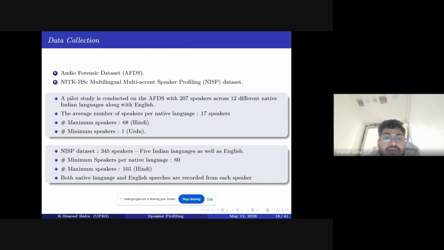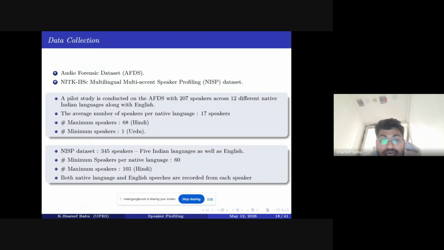Here we targeted different native speakers of 12 Indian languages, the maximum speakers being from Hindi, and per native language the average is about 17 speakers. That's the pilot dataset, AFDS.